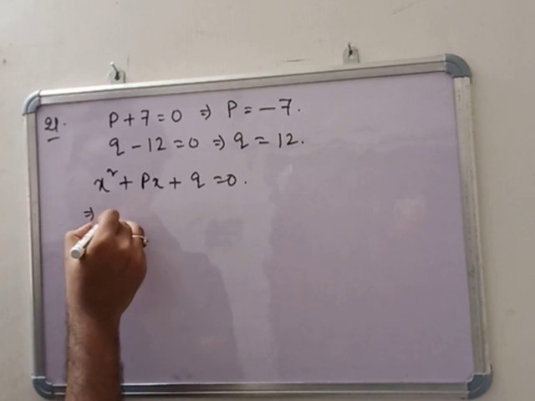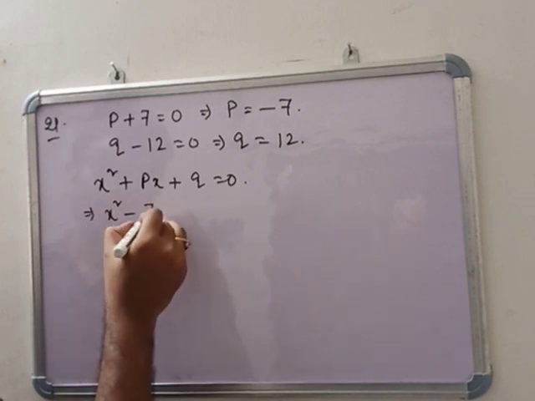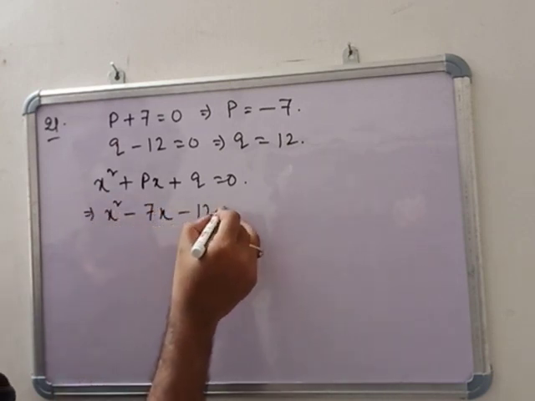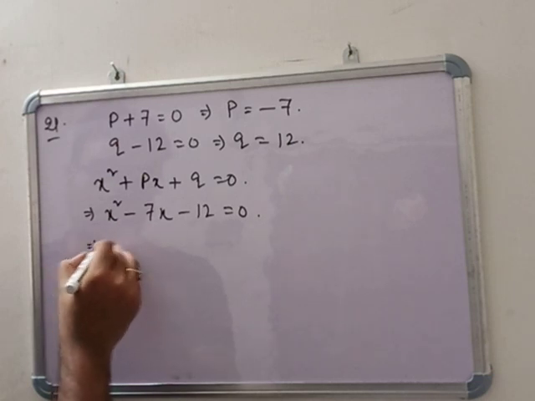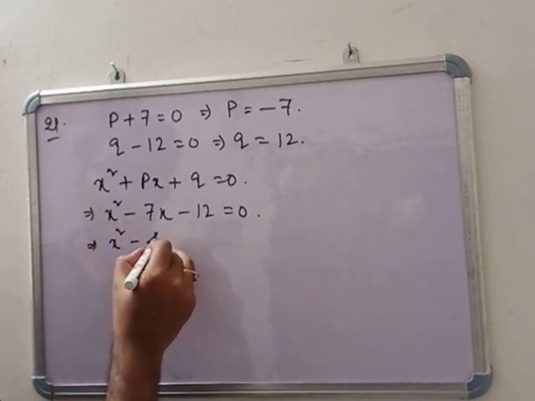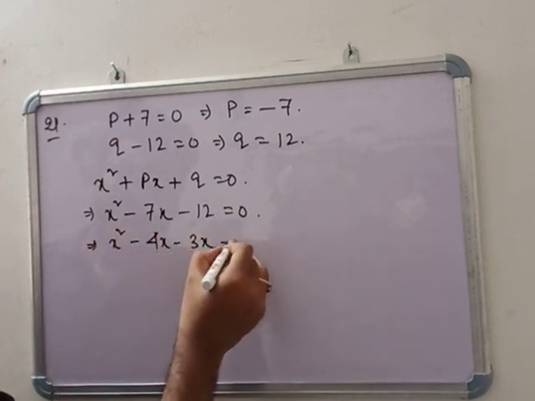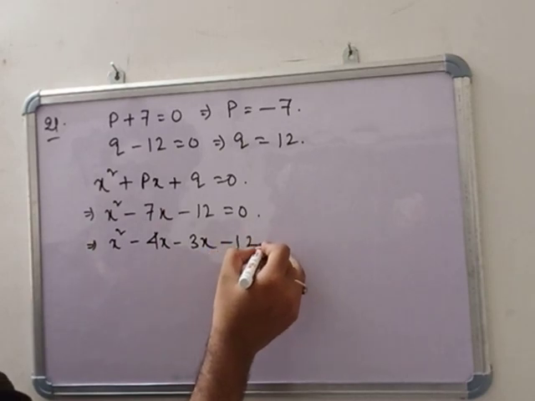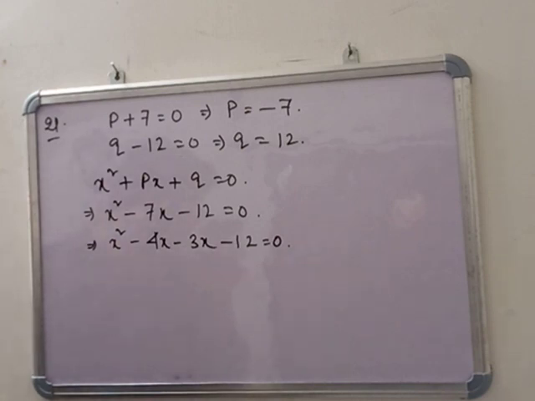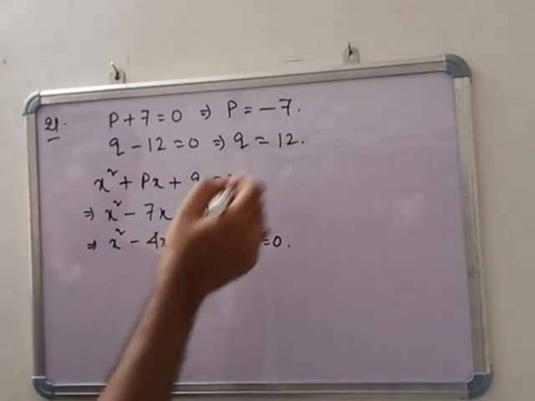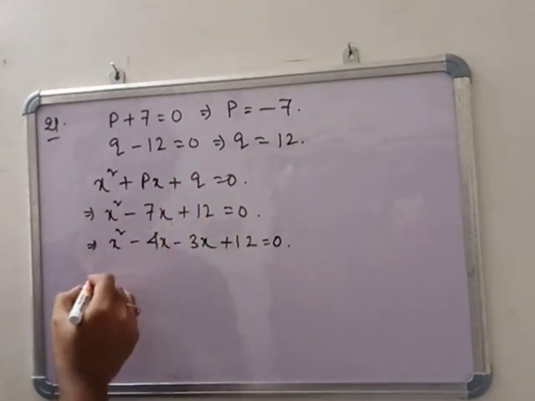So we can write x square minus 7x plus 12 equals 0. So x square minus 4x minus 3x plus 12 equals 0. This is plus 12, sorry.